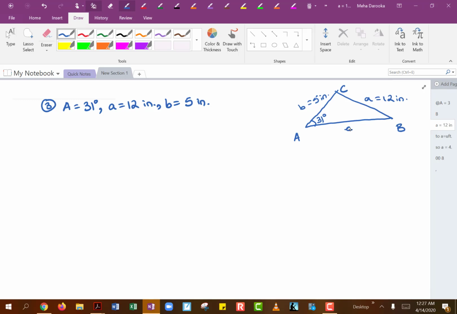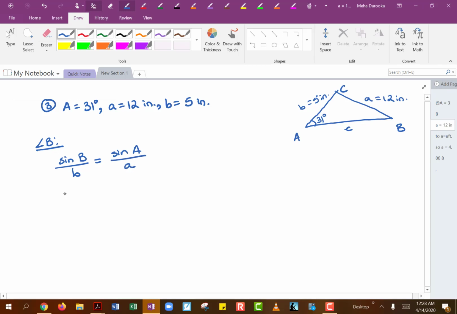So let's take a look at how we can go about doing this. How about we start by finding angle B. Since we're finding the angles, we are going to do the reciprocal version of our law of sines, right? So we're going to put angles on the top, sides on the bottom. And of course, since we are given side and angle A, we're going to set that on the right hand side.